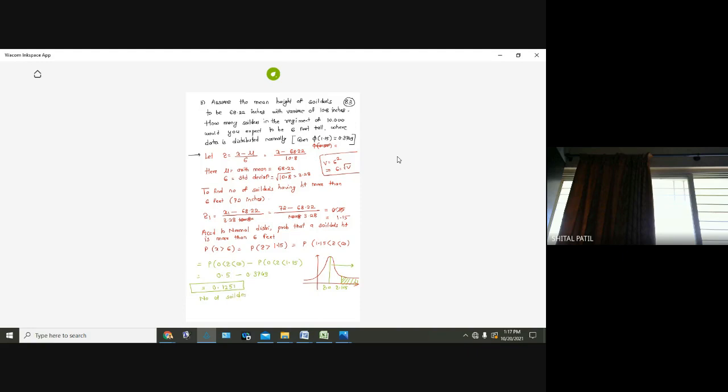Now number of soldiers whose height is more than 6 feet. 0.1251, right? This is probability for one soldier, but how many soldiers we have? 10,000.